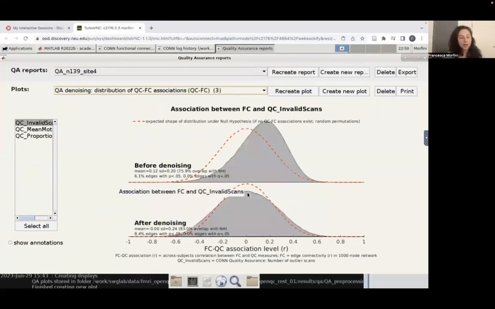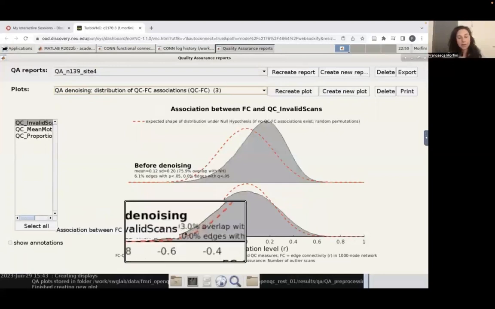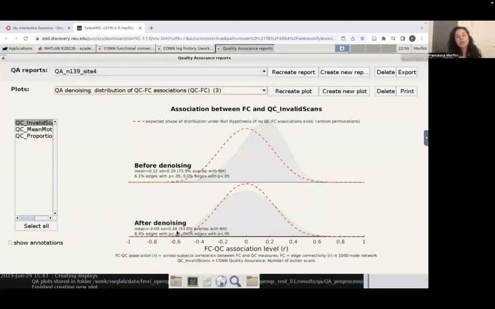Our data matches that at a 93% level, which is slightly below the 95% threshold that's usually recommended. And matching at a 95% level is indicative of what could be interpreted as negligible modulations of these specific nuisance factors on the functional connectivity across the data set.